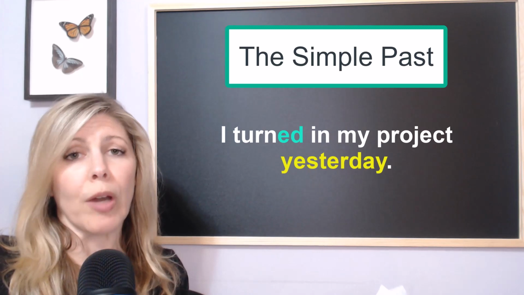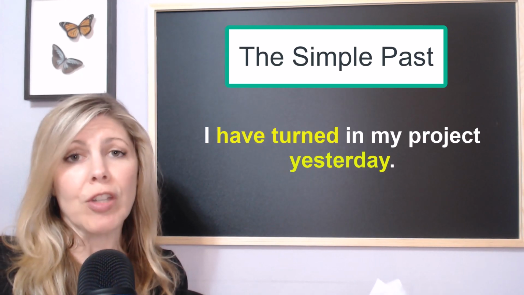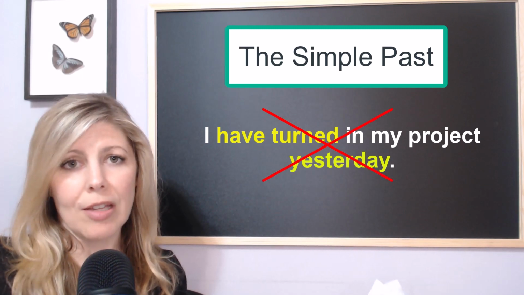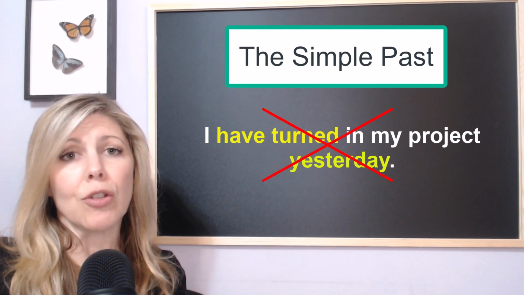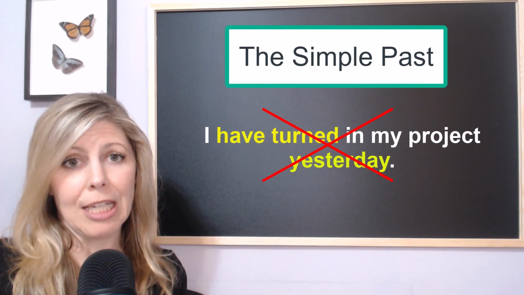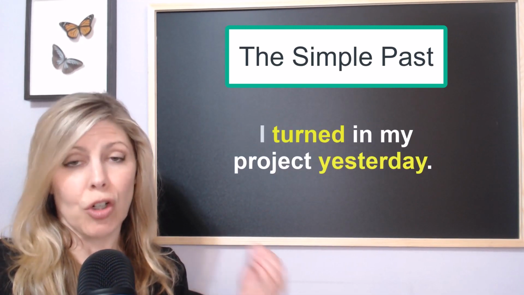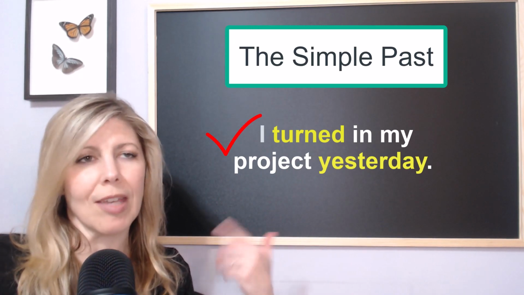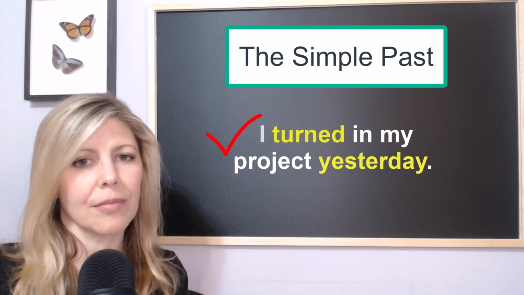It is not correct to say, I have turned in my project yesterday. No, because yesterday is specific. I need to use the simple past, not have turned in, but turned in or turned, with ed, simple past. And we usually say turned in or handed in.